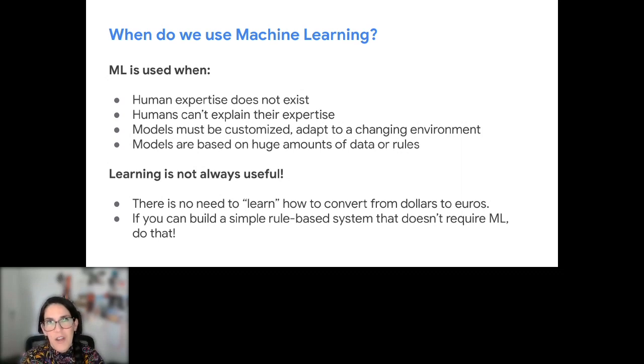Sometimes we just cannot explain how we learn. I don't know how to ride a bike. You can have an idea, but explaining it in a way that a computer can follow step by step is very difficult, right? I think speech recognition could be a good example.